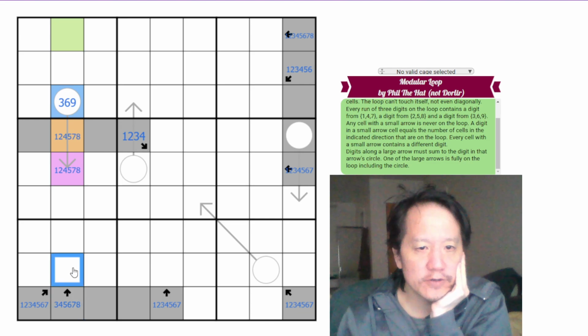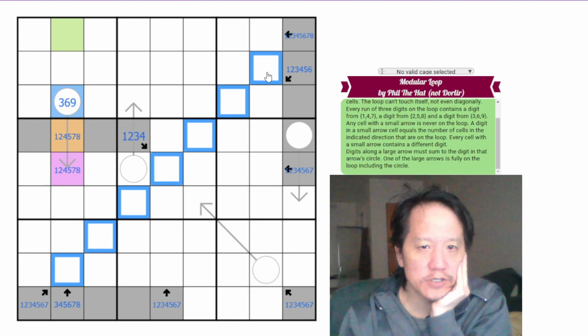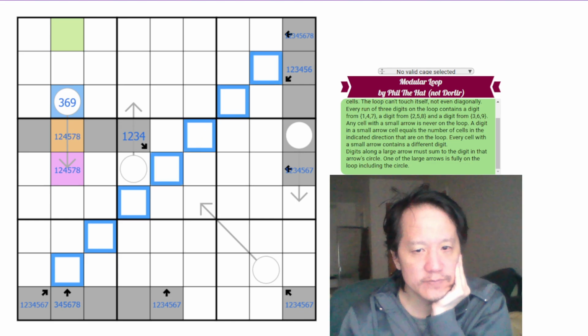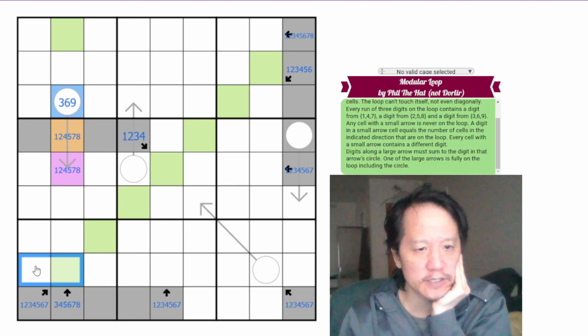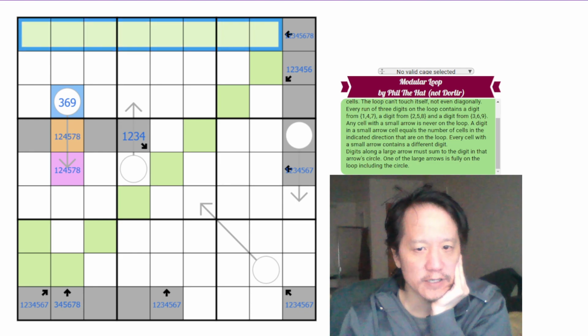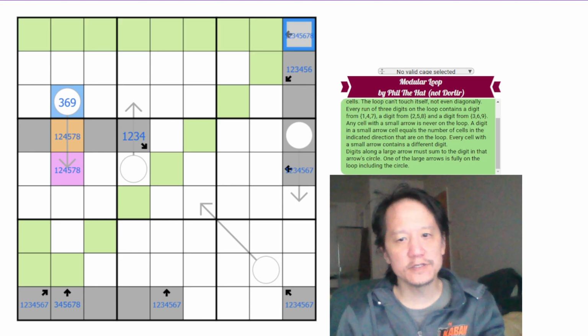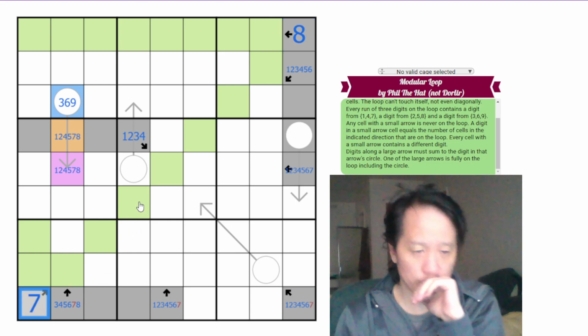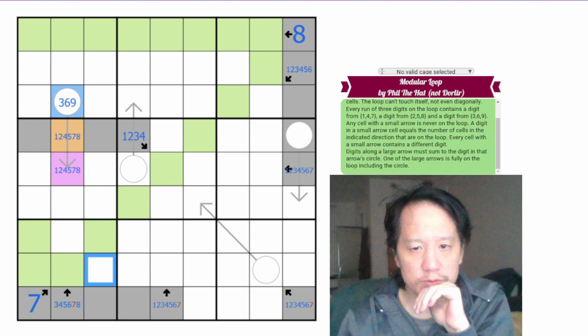Okay, let's test all the 7s. Say it was here. This exits out this way. This exits out that way. This can no longer be on the loop. Therefore, it has to go this way as the 8. So then this is 8. This is 7. This must continue this way.